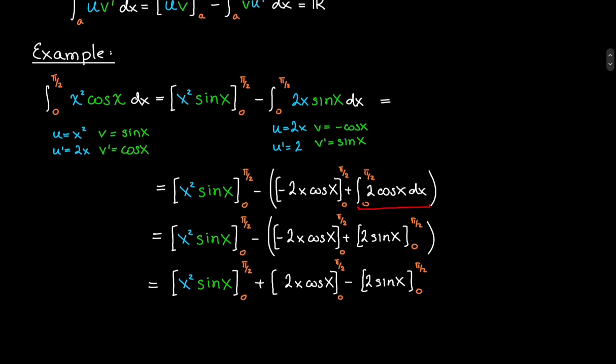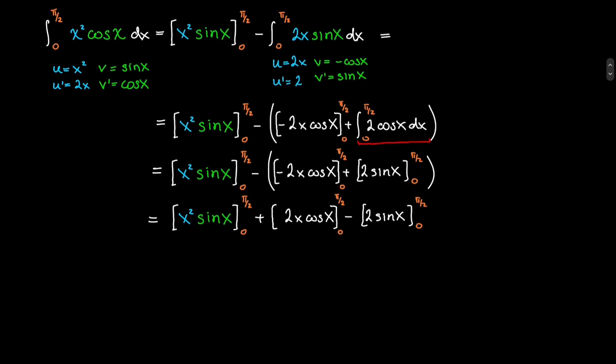Now all we have to do is simply calculate each part separately and then add and subtract all the results. For the front part, x squared sine of x from 0 to pi over 2, what we're going to get is pi squared over 4 times sine of pi over 2, which is just 1, and minus 0.